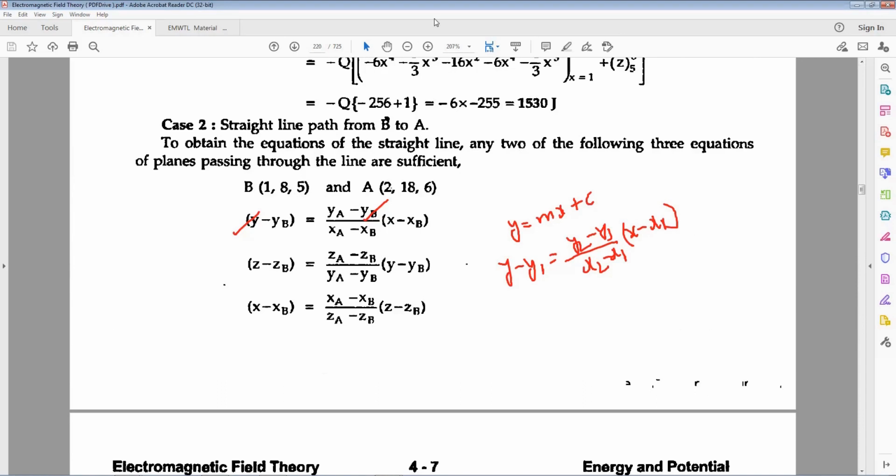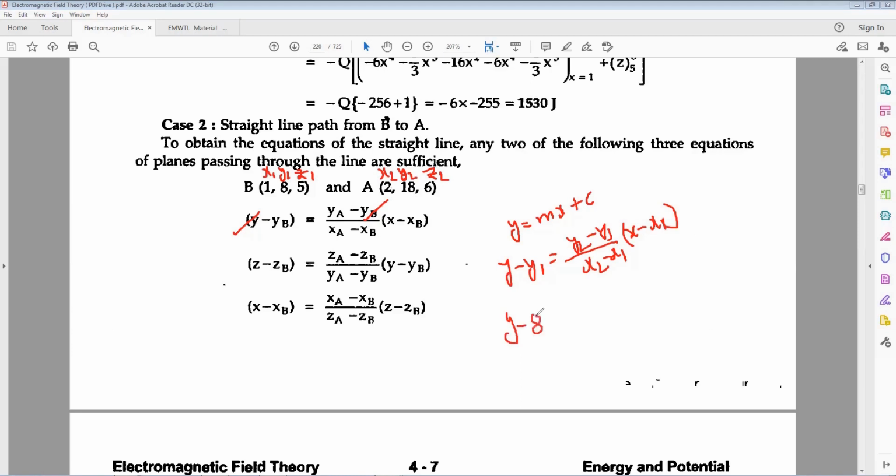Let us take these values as x1 and y1, and z2. Now you can see that it is y minus y1.